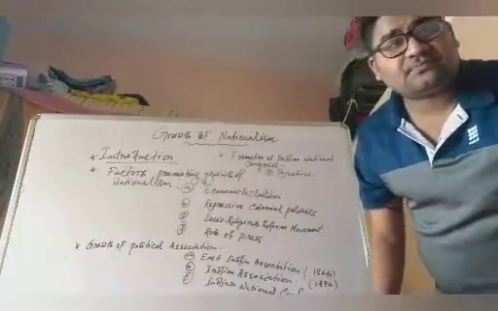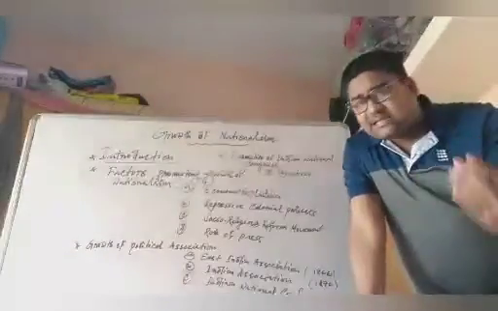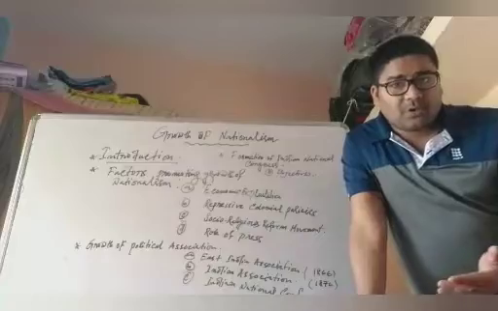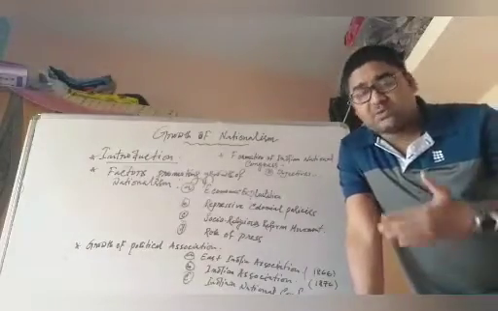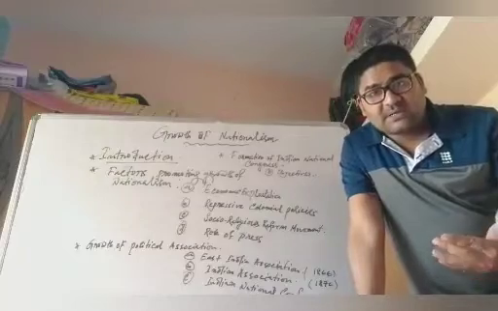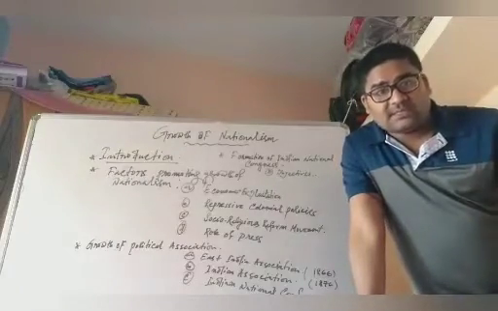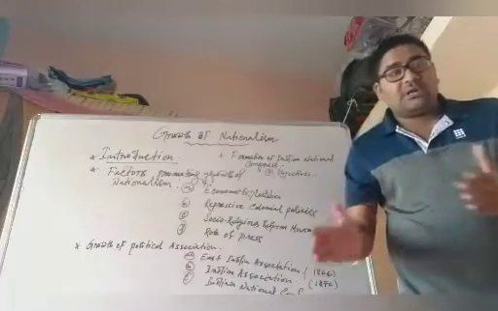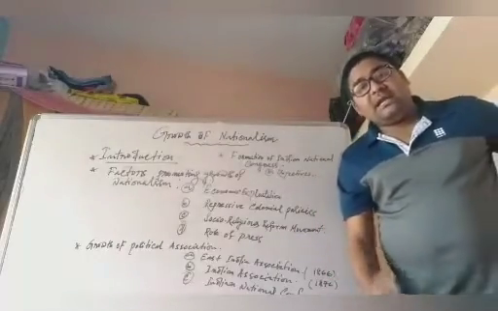Every section of Indian society was exploited by British economic policies. One by one we will discuss: first the peasants, then artisans and craftsmen, then number three the working class, and fourth the educated Indians.